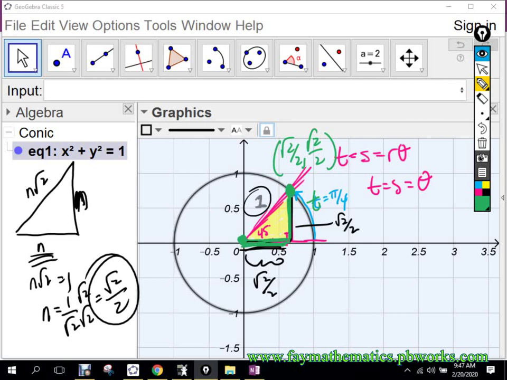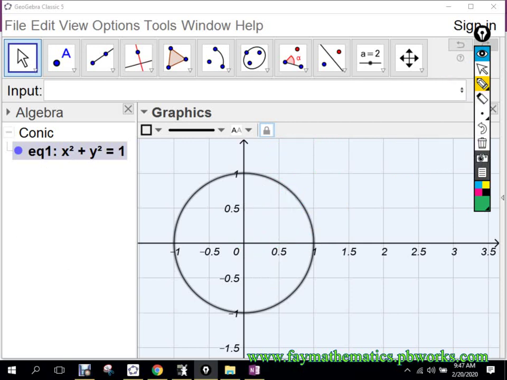Okay. So if we can do that with a 45-degree angle, let's do this real quick. What's another angle that we like to use? 30. Okay, so let's say that we've got a terminal point here with that distance. Okay, what is 30 in radians?